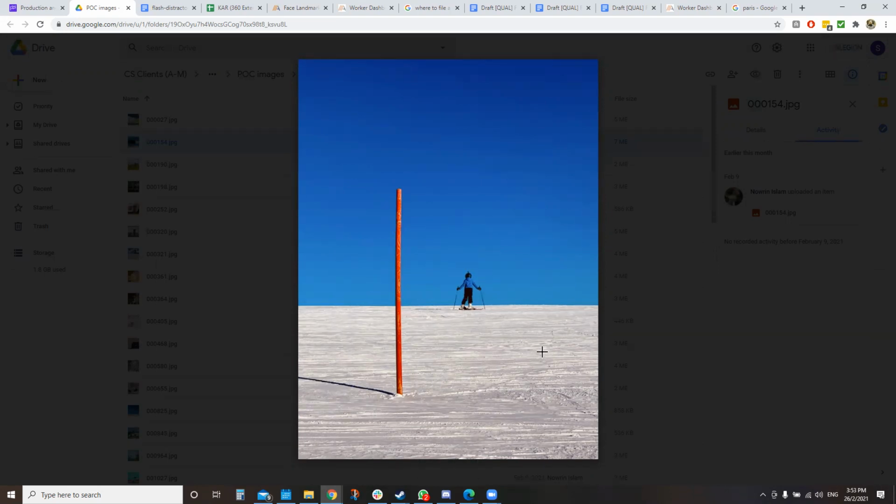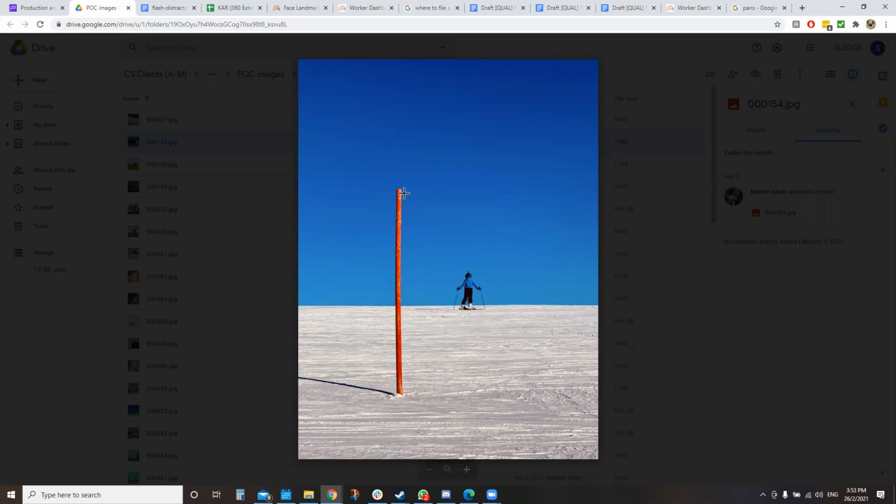Shadow. Which one is better to tell? If I ask you to tell me a sentence about this picture, do you think it is better to talk about this girl and the ice and what she's doing, or about this red pole here?